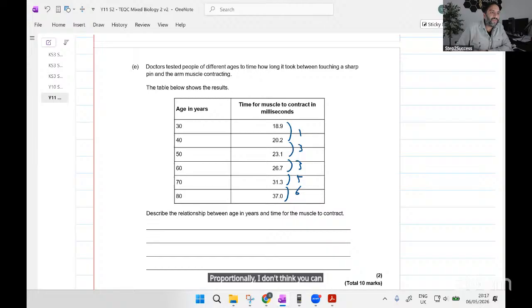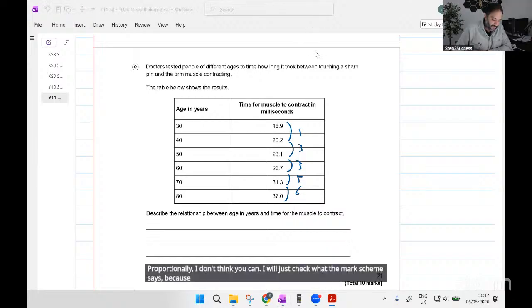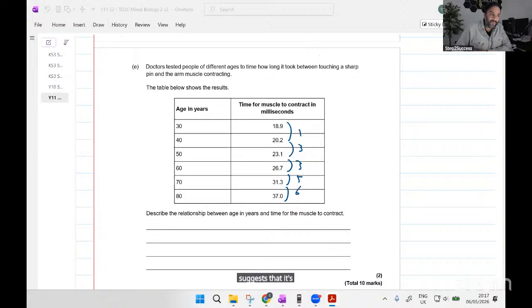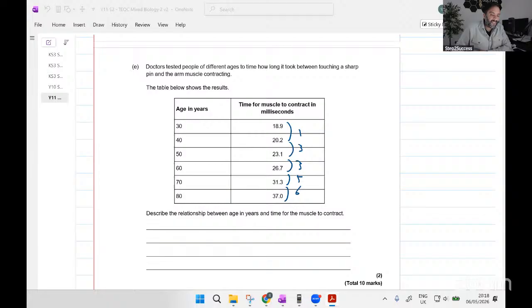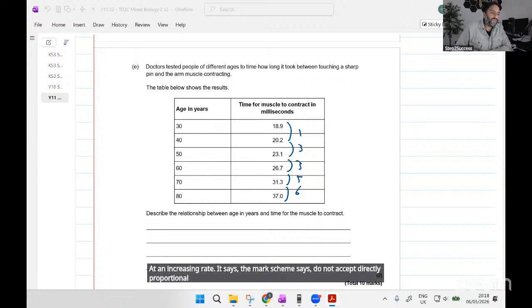I will just check what the mark scheme says, because saying proportional suggests that it's going up by the same amount every time. I think it's literally the opposite of proportionally. It says, at an increasing rate, and the mark scheme says do not accept directly proportional. So you need to mention at an increasing rate, or say that at higher ages it goes up by more, something like that.